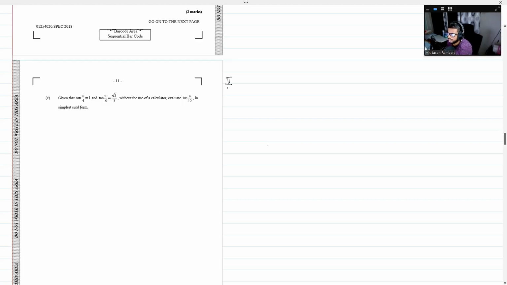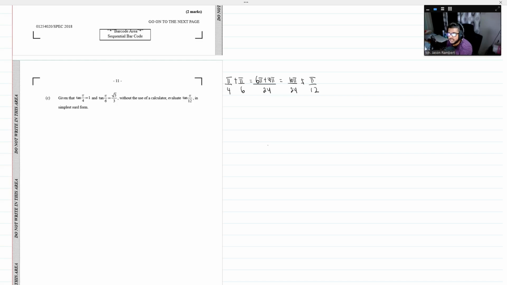So let me try. Pi on 4 plus pi on 6. Let me see if that's going to work. Using the shortcut to the LCM: 6 pi plus 4 pi all over 24. This is going to be 10 pi over 24. This is not equal to pi on 12 at all.